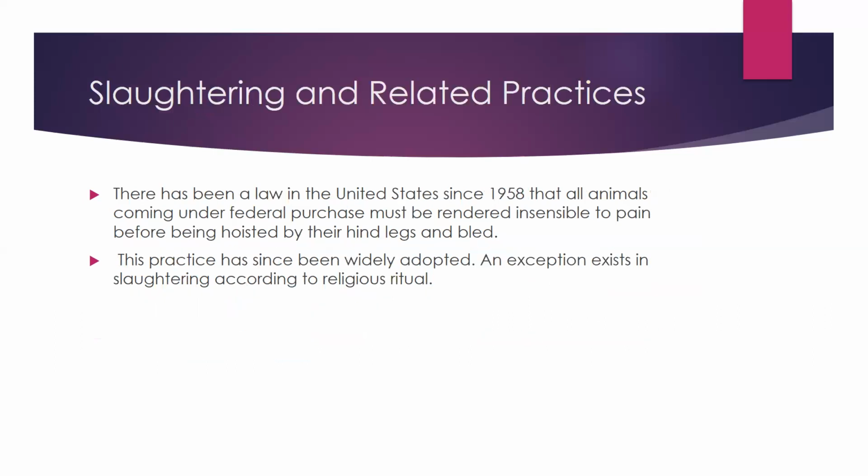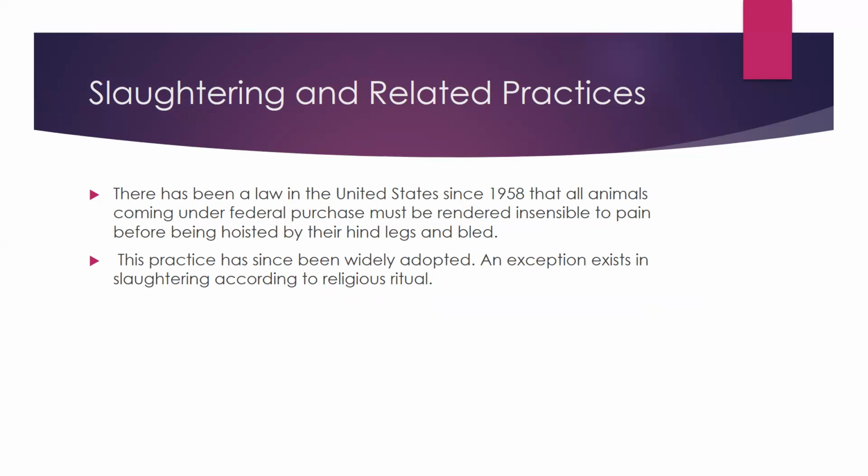Next is slaughtering and related practices. There has been a law in the United States since 1958 that animals coming under federal purchase must be rendered insensible to pain before being hoisted by the hind legs and bled.